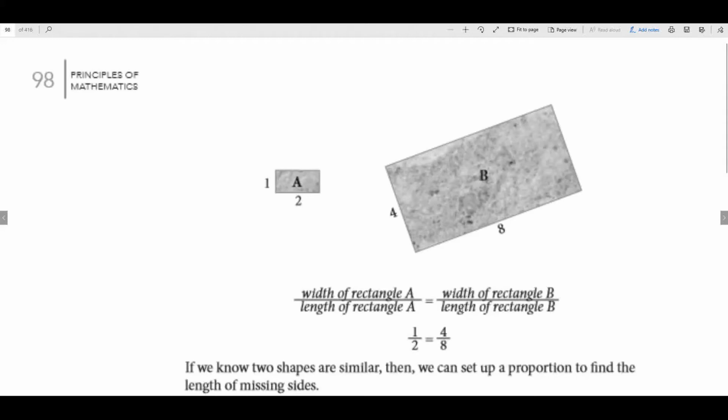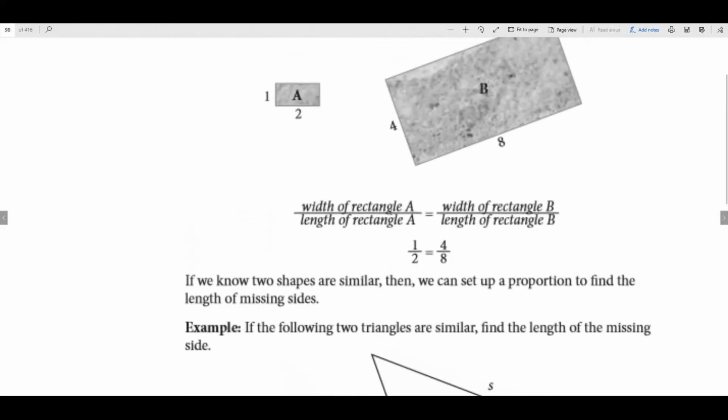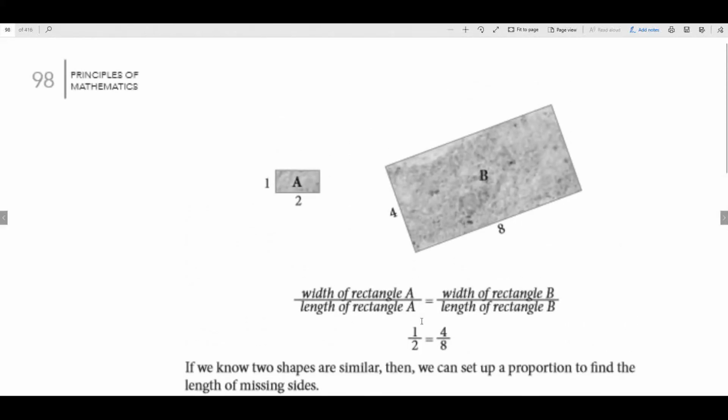Now we're going to take the width of rectangle B, which is 4, and the length of rectangle B, which is 8. Now, if we know these two shapes are similar, then we can set up a proportion to find the length of the missing sides. But this is showing you how these sides are proportional. These are the ones that correspond, we say.